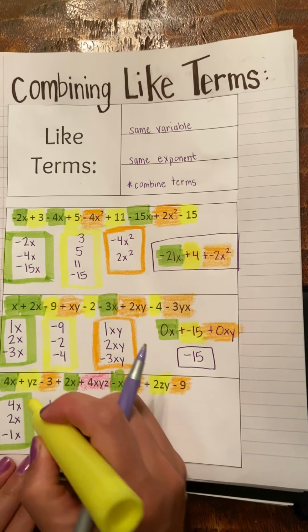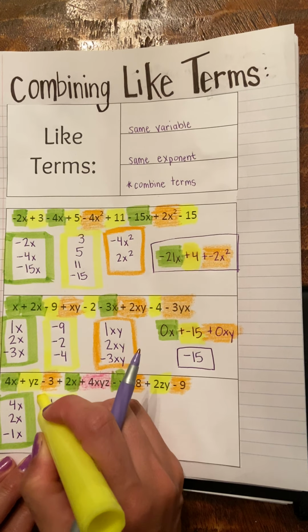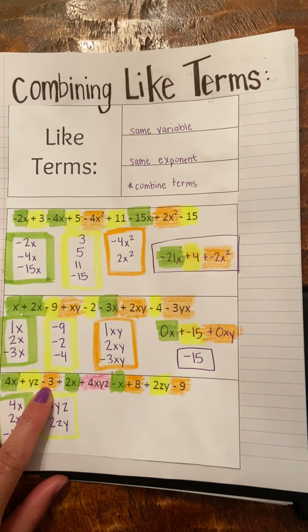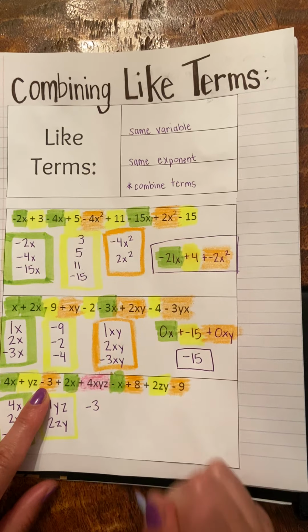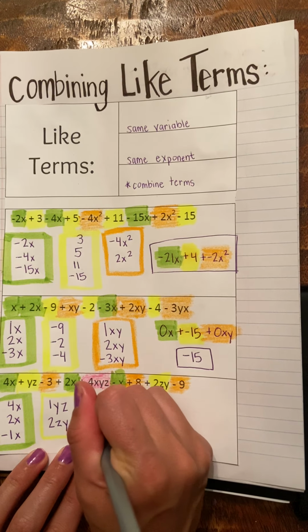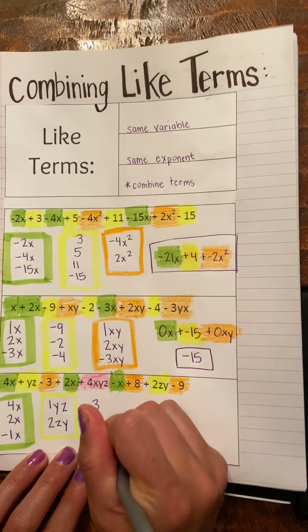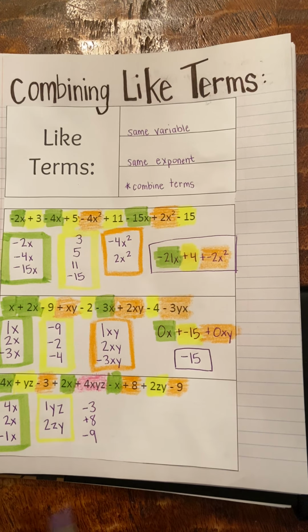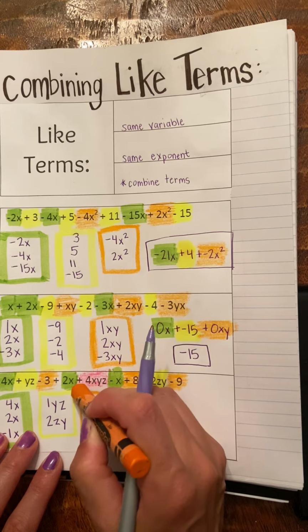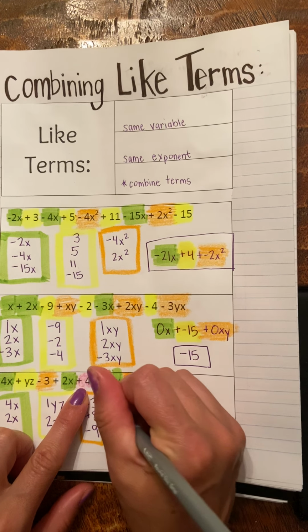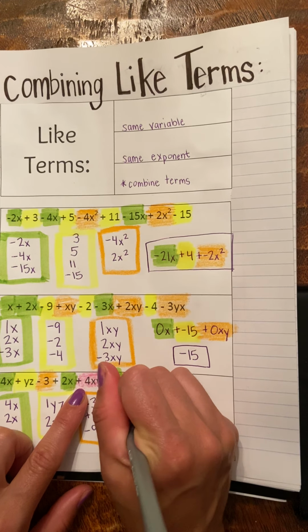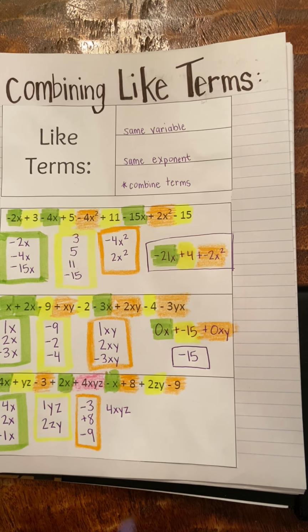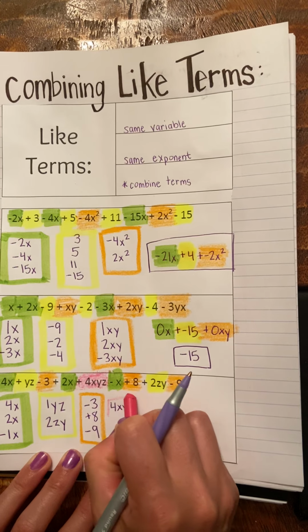That's our yellow. Okay, orange, negative 3, plus 8, and negative 9. Okay. And again, we have 4 colors. So then we have this lonely one, 4xyz. So our answer will have 4 terms because we have 4 colors.